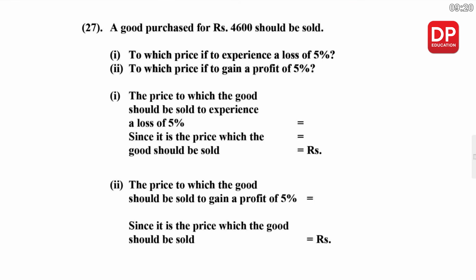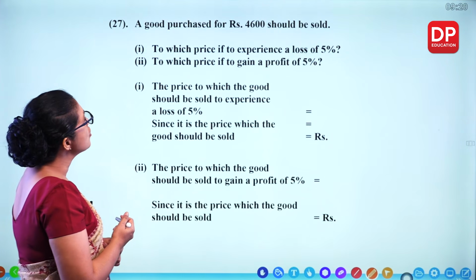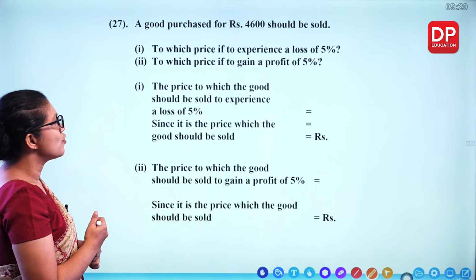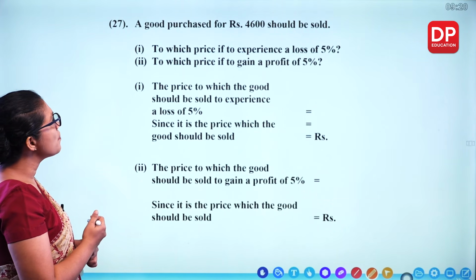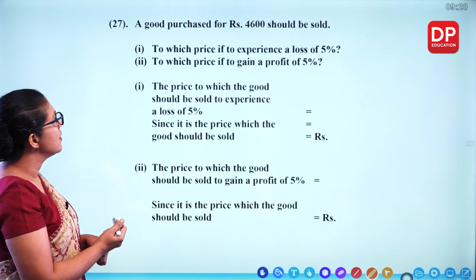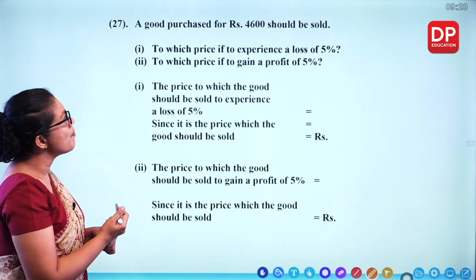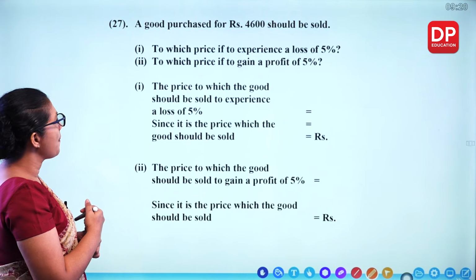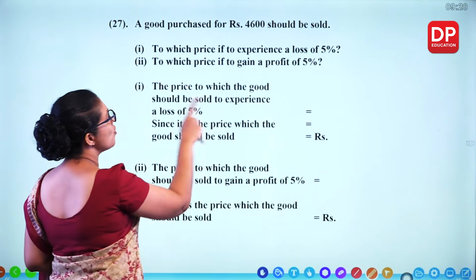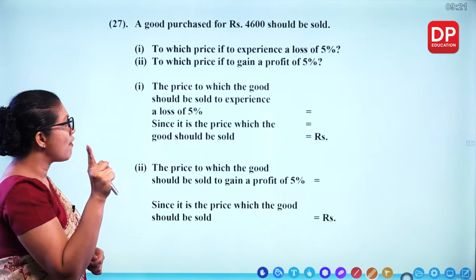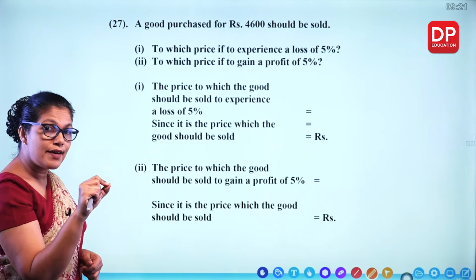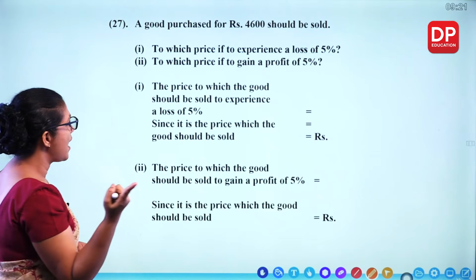Look at this question. A good purchased for 4,600 should be sold to which price to experience a loss of 5%? To which price to gain a profit of 5%? So, the first part, the price at which the good should be sold to experience a loss of 5%, means if you buy for 100, you have to sell it for 95.